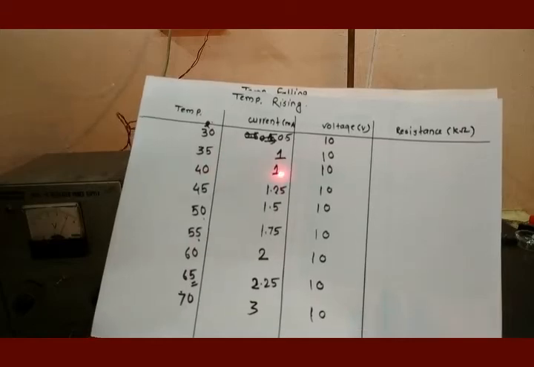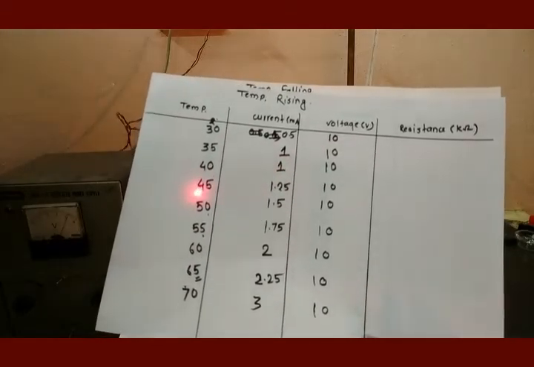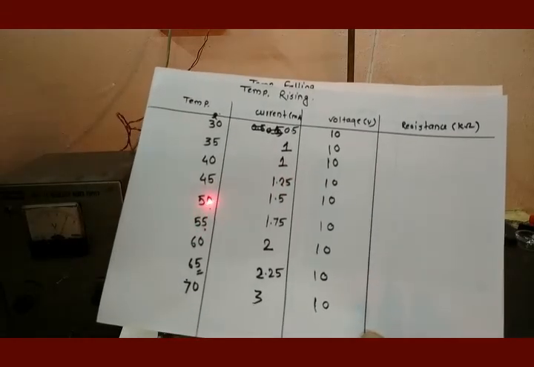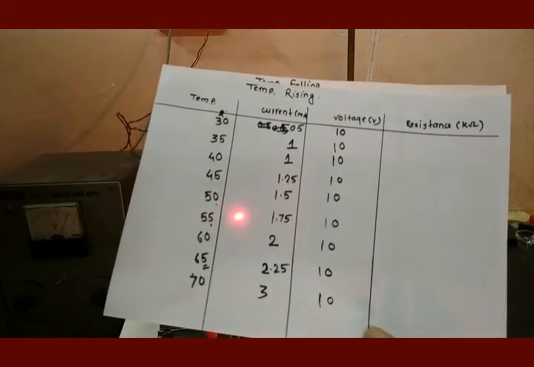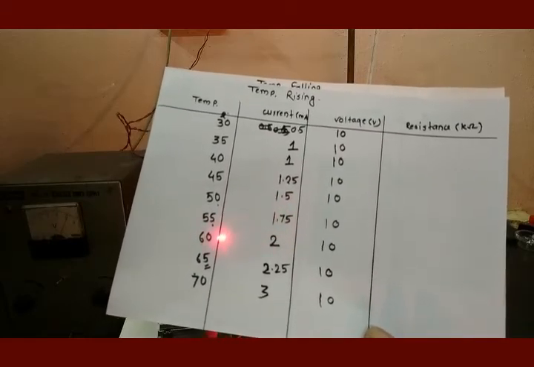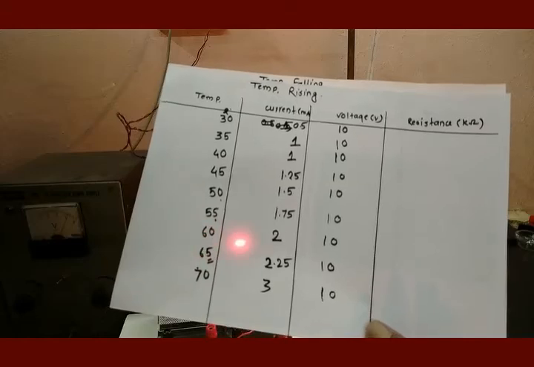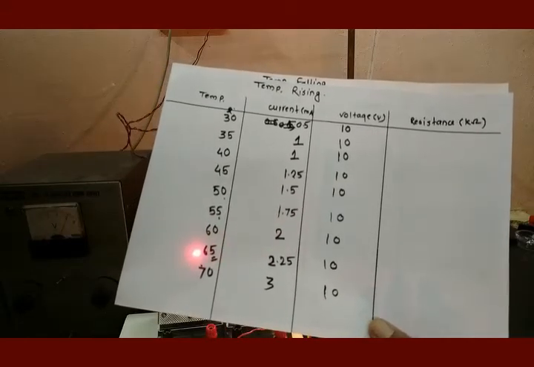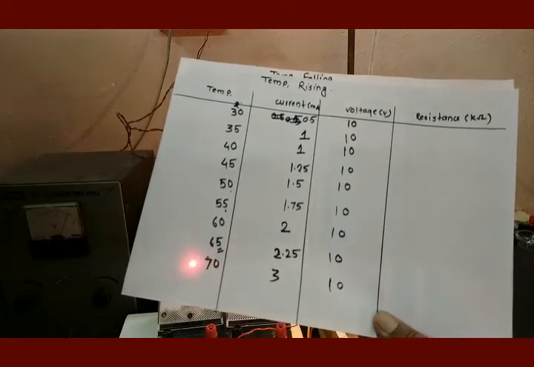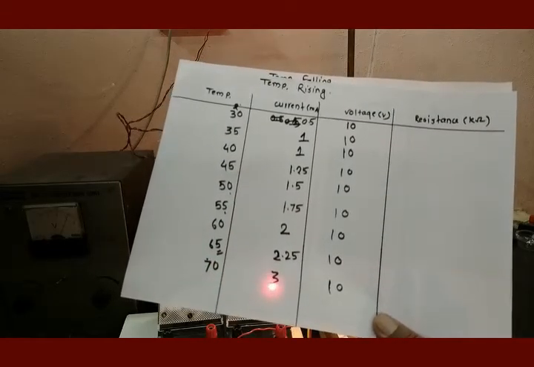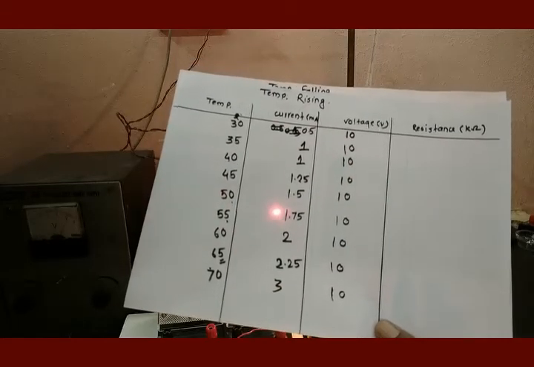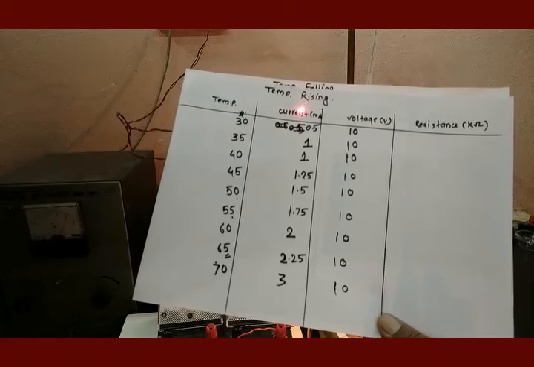For 40 it is still 1 milliampere. For 45 degrees Celsius it is 1.25 milliampere. For 50 degrees Celsius it is 1.5 milliampere. For 55 degrees Celsius it is 1.75 milliampere. For 60 degrees Celsius it is 2 milliampere. For 65 degrees Celsius it is 2.25 milliampere, and for 70 degrees Celsius it is 3 milliampere. These are the readings for rising temperature.